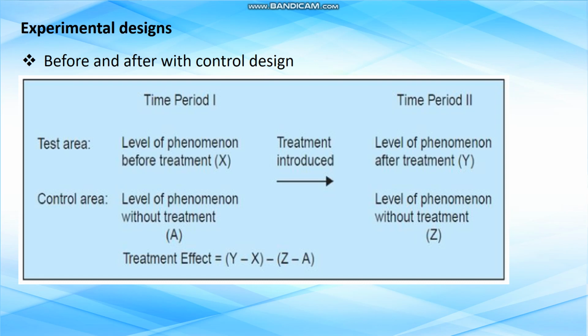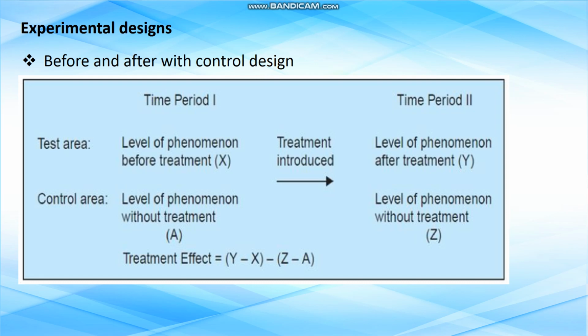In this design, two areas are selected and the dependent variable, DV, is measured in both the areas for an identical time period before the treatment. Thereafter, the treatment is introduced into the test area only, and the dependent variable is measured in both for an identical time period after the introduction of the treatment.